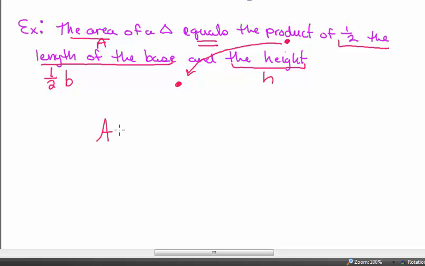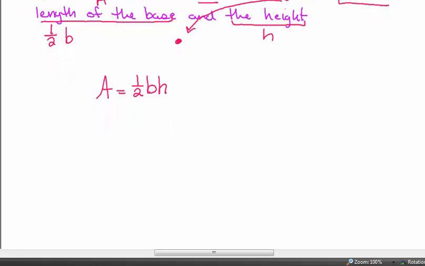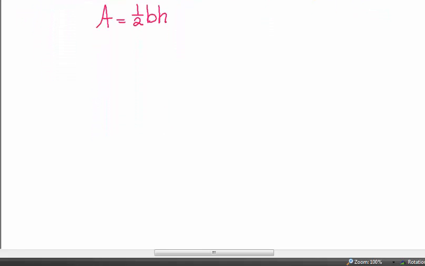So area equals 1/2 base times height. What you should remember from earlier work. Let's do another one.